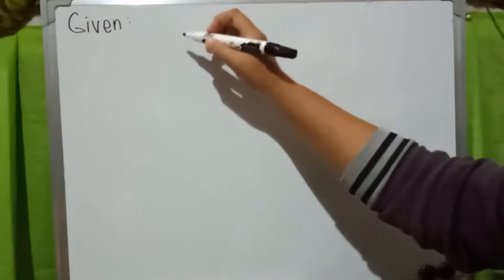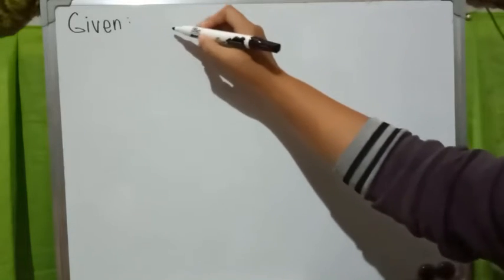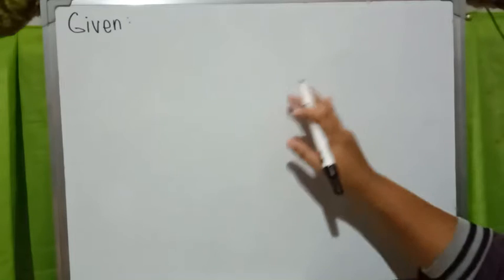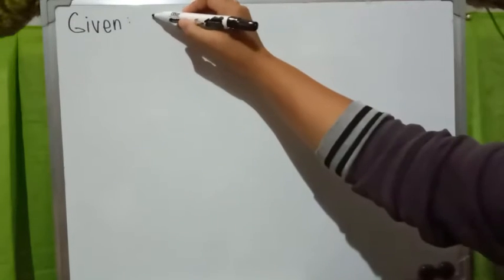Okay, so after reading the word problem about Chris and Patricia, we can now identify who ate more cake between them. The first thing we need to do is to find out the fraction of Chris and Patricia.